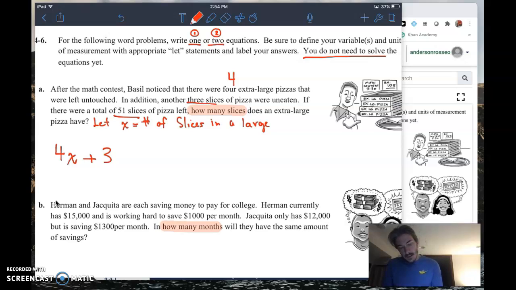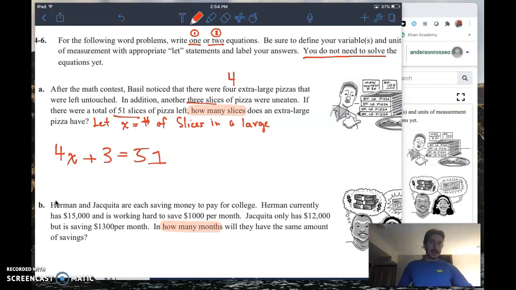And then we've got a total, and total is that word that means to us as mathematicians equals 51 slices, right? And this is a solvable equation. You could subtract 3 from both sides, divide by 4, and come up with the number of slices that each large pizza has.